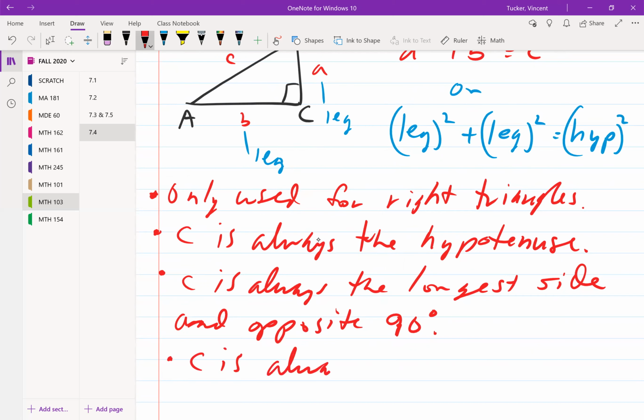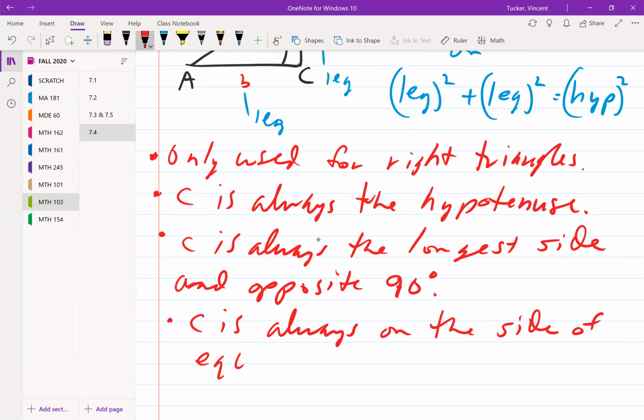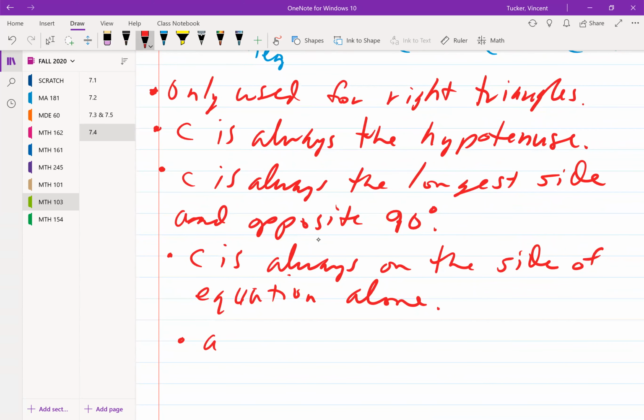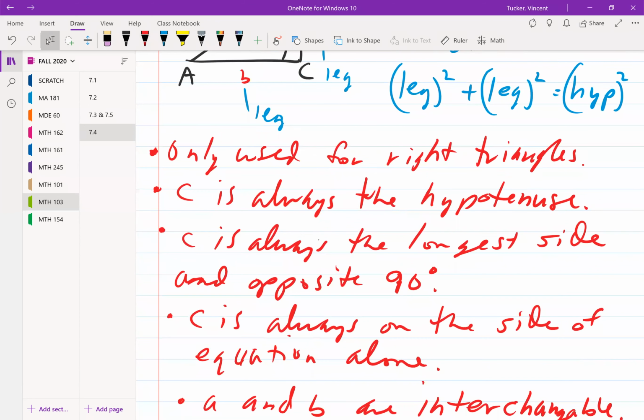C is always on the side of the equation alone. And then the last one, A and B are interchangeable. Doesn't matter which one you call A and B, as long as C is on one side of the equation by itself.